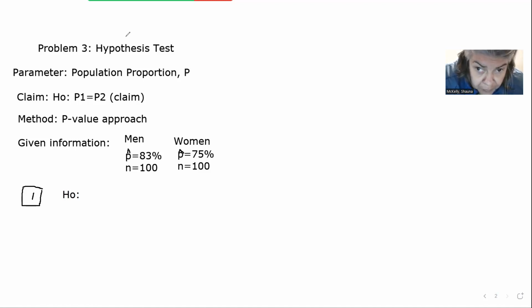This is going to be P of the men, if you will, 1 is equal to P2. And remember, that was my claim. P1 is equal to P2. This is my claim.